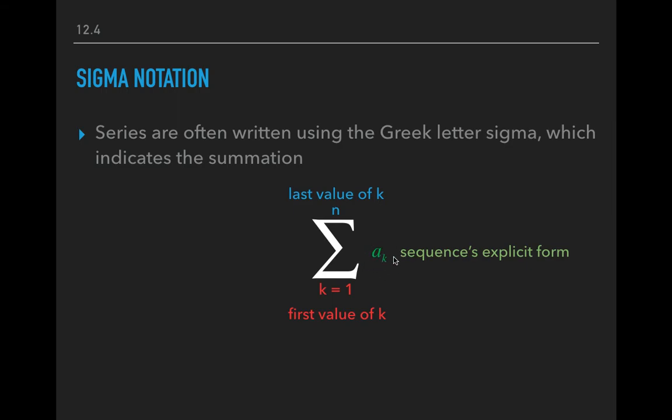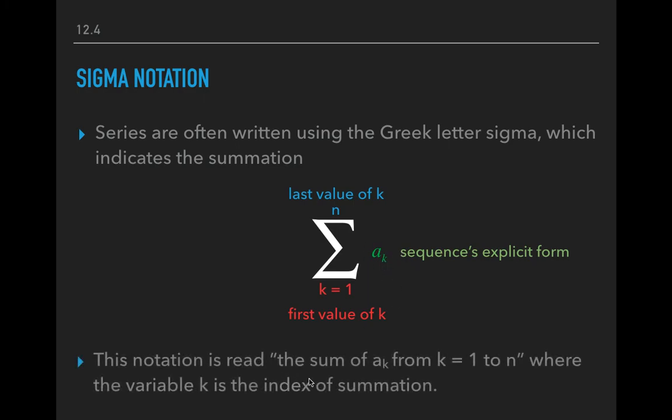So you're going to want to write the sequence in its explicit form such that then you'd just be able to plug in the position a1, a2, a3, all the way to an. And this sigma right here means find the sum beginning at 1 up to this number for this sequence. And that's what I've written here, the sum of a sub k from k equaling 1 to n. Where the variable k is what we call the index of summation.